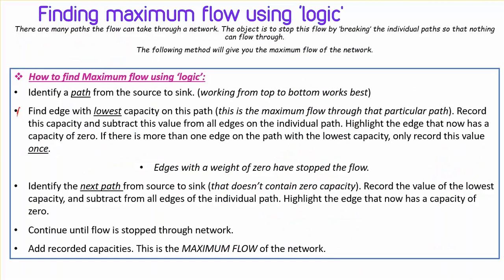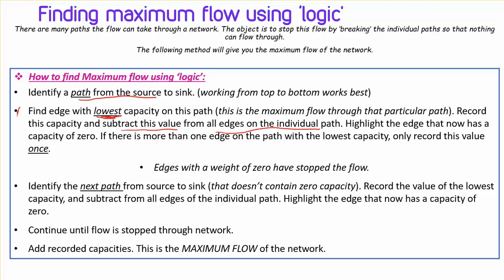To find maximum flow using logic, what we do is we follow a process for every single one. In that process, and we'll go over this on the next slide in terms of an example, we need to identify a path from the start to the finish. We find the edge with the lowest capacity on that path, and then we subtract that value from all of the edges on that path.